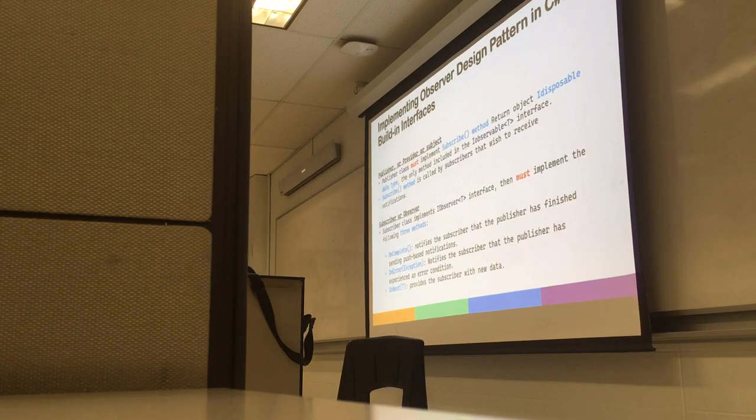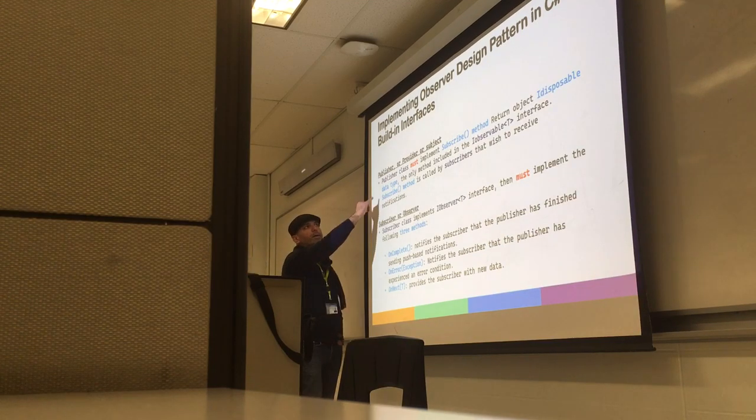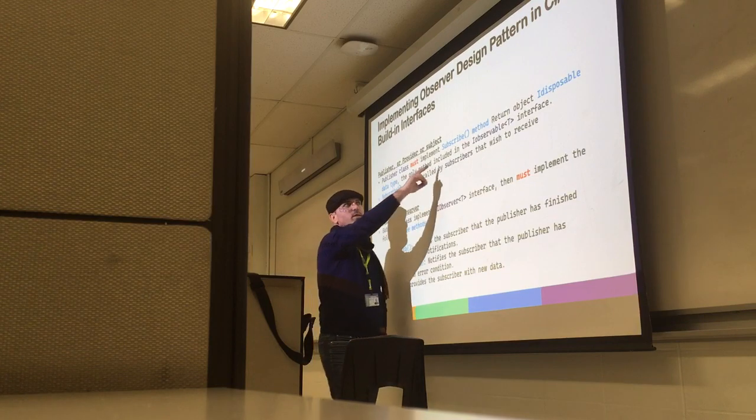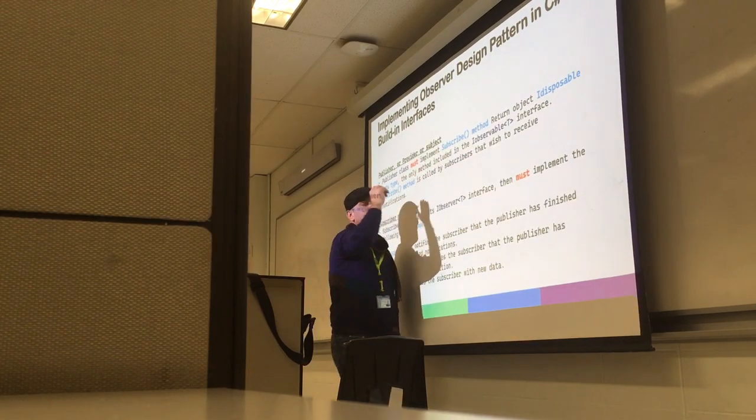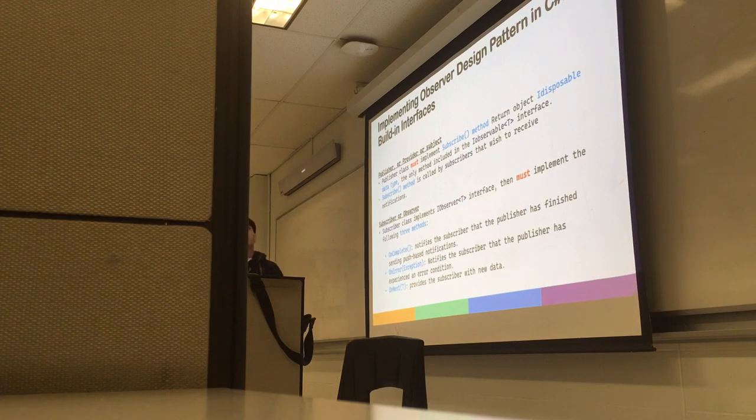In the publisher or provider class, when we want to implement IObservable, the public class must implement the method inside this interface called Subscribe. This Subscribe returns an IDisposable object.